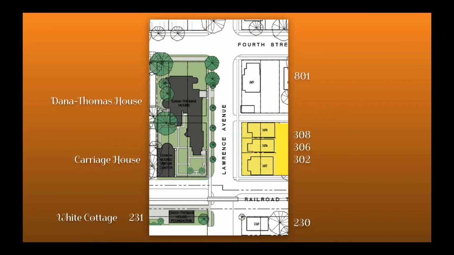The next two slides show maps of the 3 houses on Lawrence that will be discussed. These maps are also on our website.